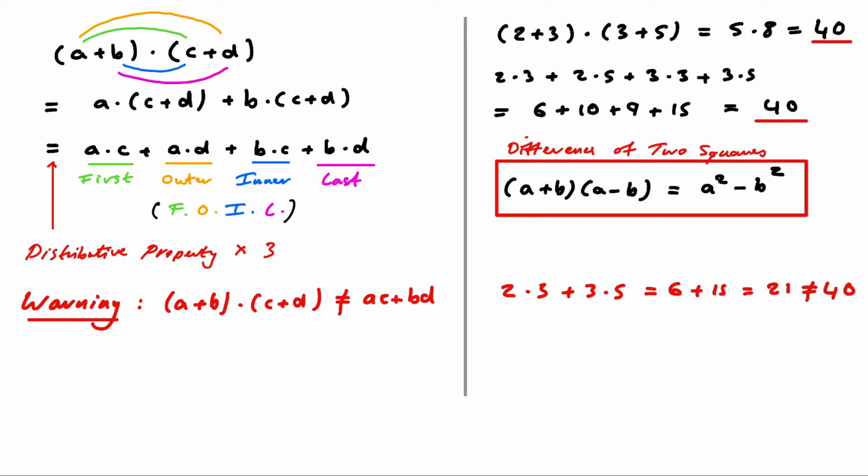You'll get a non-equality turning up. So this is exactly this. If I write down a plus b times c plus d, say, let's check it with 2, 3, and 3, 5. It doesn't work. So it cannot be a correct piece of algebra, because algebra is about general properties that are always true for numbers.